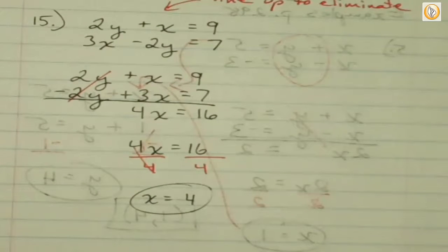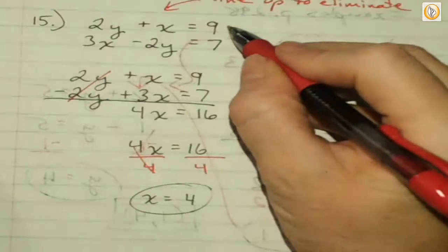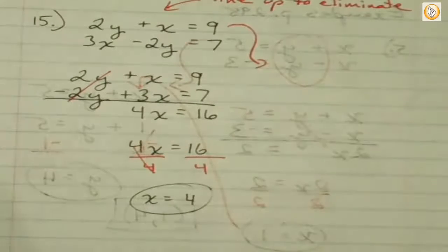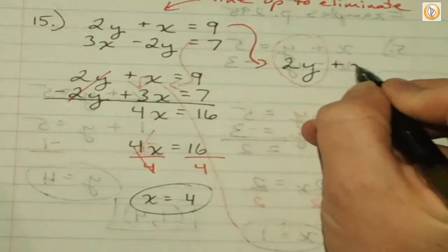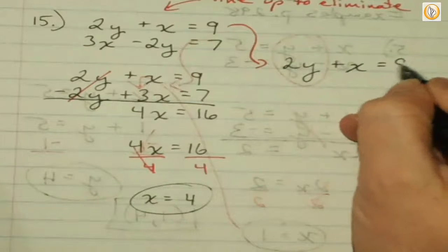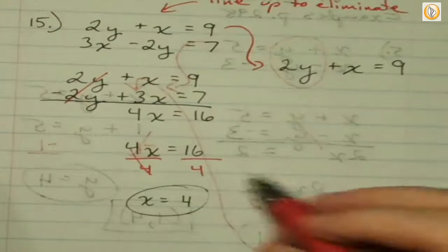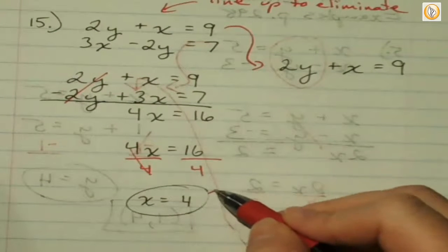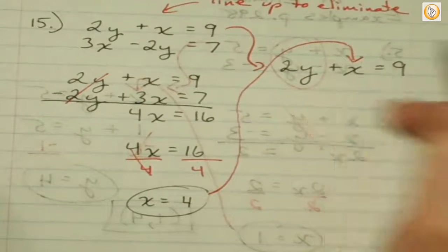So now I've got to substitute to try to get the y. So Gabby, which original equation do you want to substitute in? All right, let's go ahead and do the first one. 2y plus x equals 9. Now, this x, we're going to substitute the 4 right there.